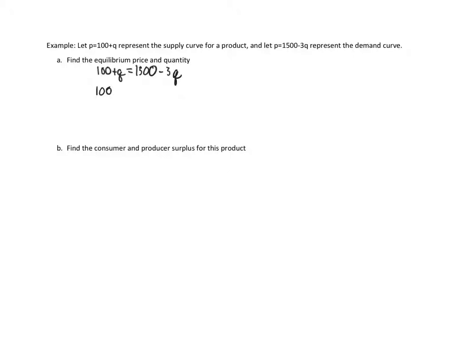So 100 plus 4Q equals 1,500. Subtract 100, so 4Q equals 1,400. And dividing by 4, we would get Q equals 350. So that means we're expecting to sell 350 of these items.